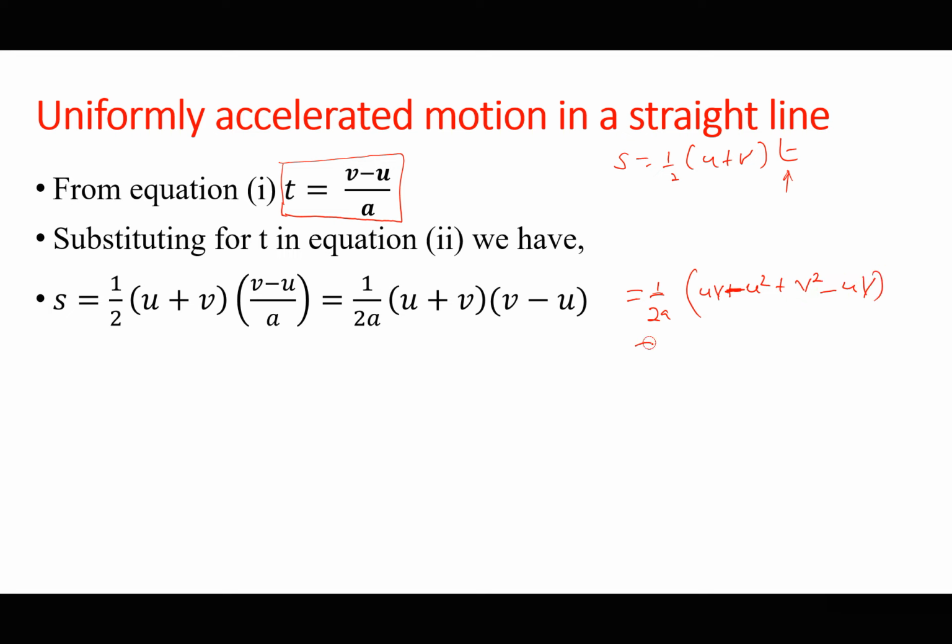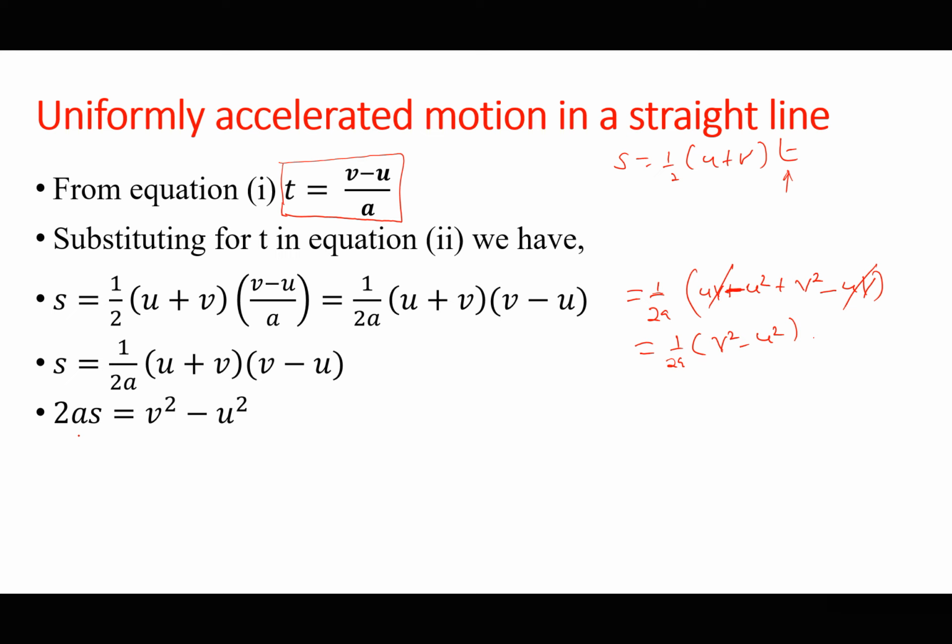And when you expand this, it becomes 1 over 2a into, uv cancels out, so you remain with v squared minus u squared. So this gave us s as 1 over 2a into v squared minus u squared.